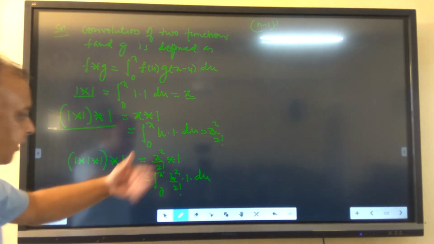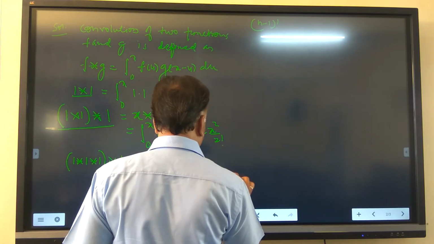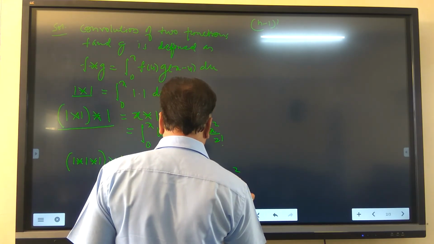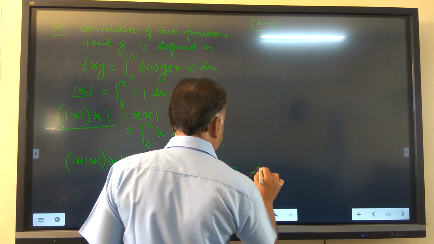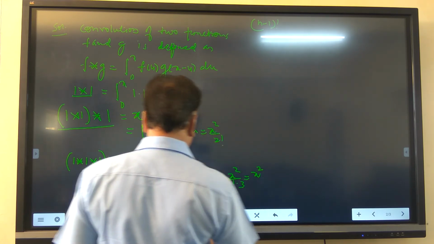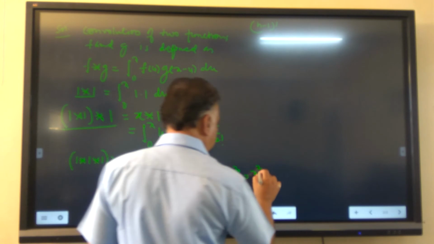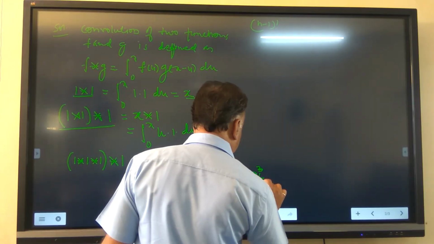Integrating this, we get x cube upon factorial 3.